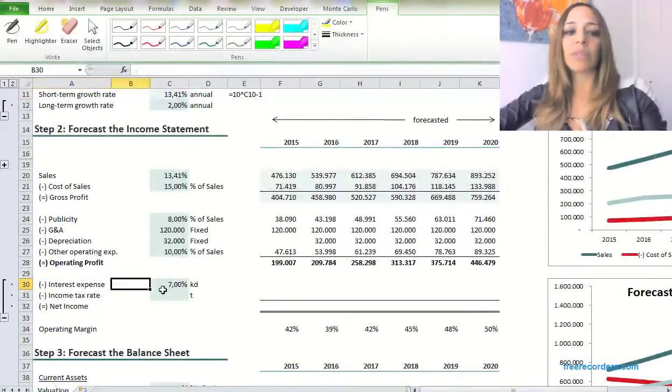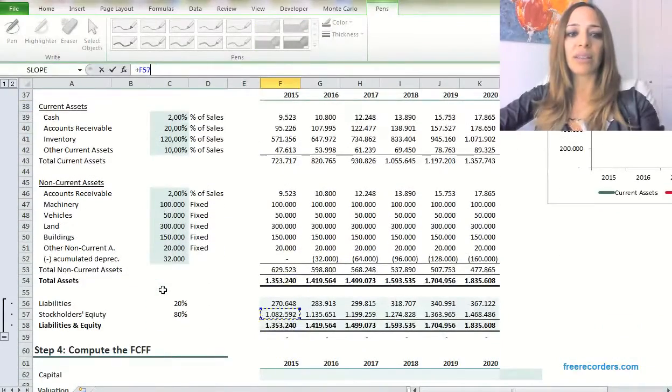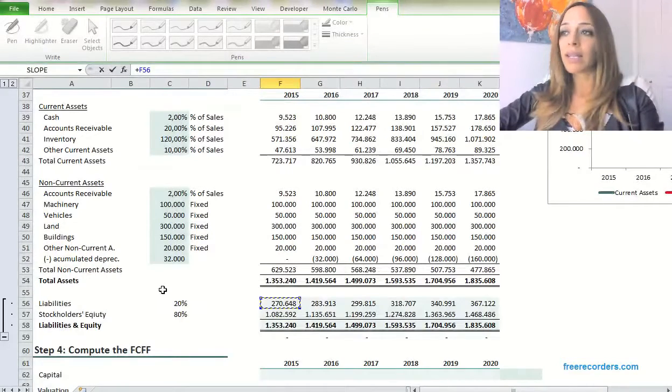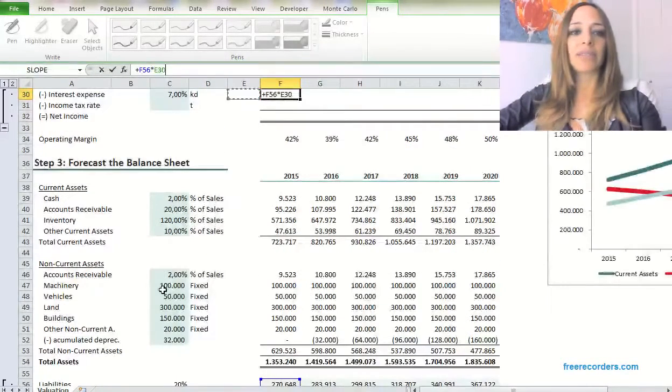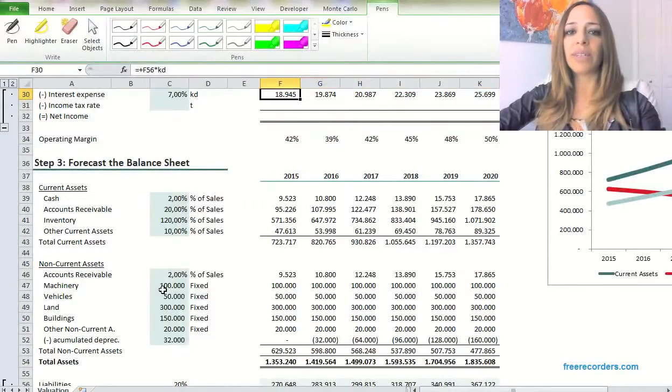How much will interest expense be? Well, if the cost of debt is 7%, and we see on the balance sheet that we expect to have 270 in debt, then interest will be 18, almost 19 for the first year, and then it will increase as debt increases.